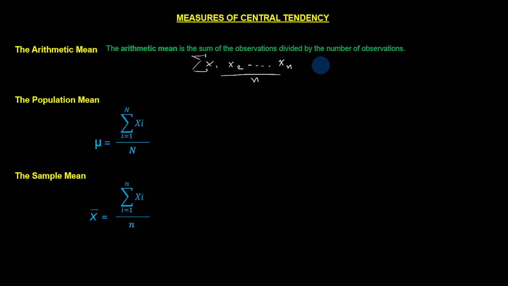And as you can see, they're not different, right? It's the same thing. We're summing all the observations and then dividing by the total number of observations. The same case here. We're just using the big N here and little n here, and mu as the notation to show we are talking about a population mean, and x bar to show that we are talking about a sample mean.